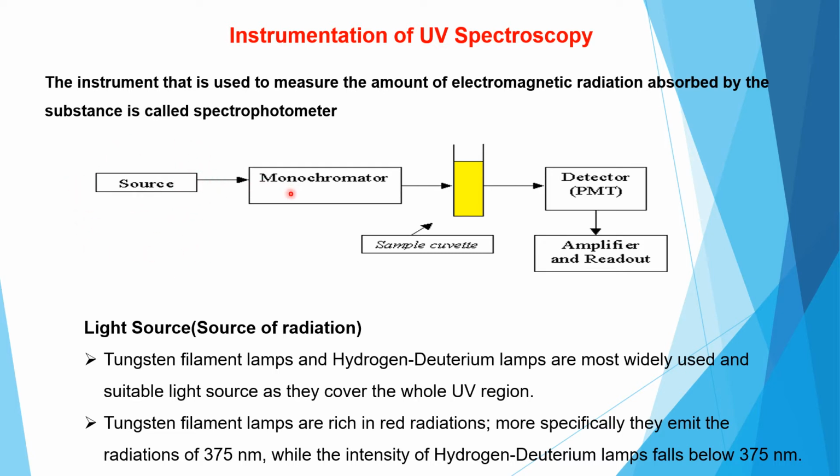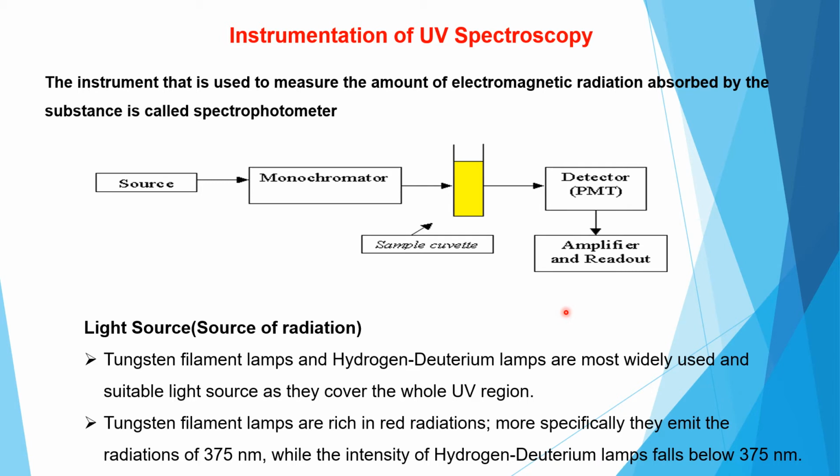Then the radiations from that source of light are given to the monochromator. From the monochromator, the light is allowed to pass through the sample which is filled in the cuvette, and then the transmitted light falls on the detector, where we can detect the amount of light falling on it. Then the amplifier and readout device give us the intensity of the absorbed radiation.